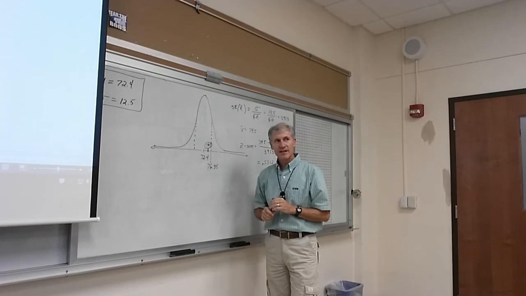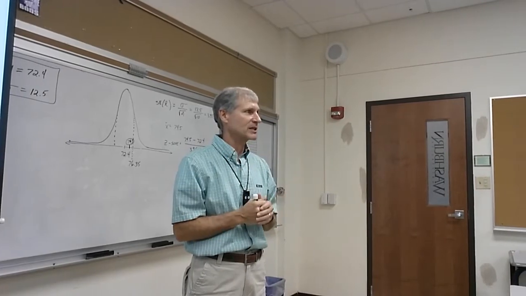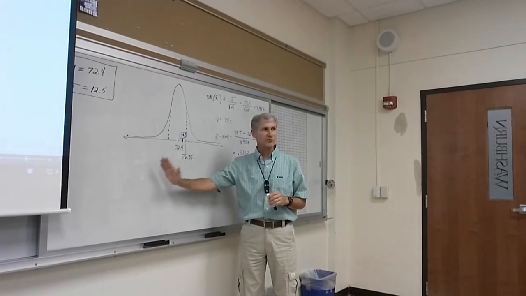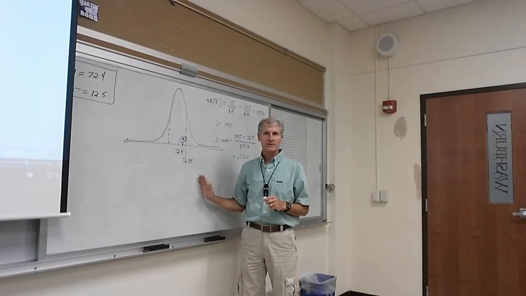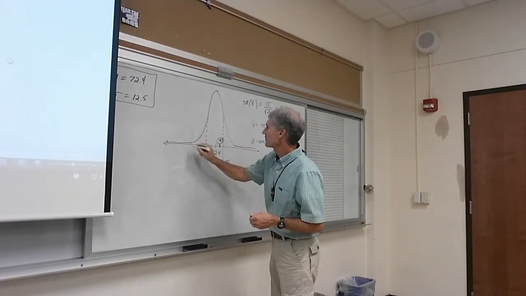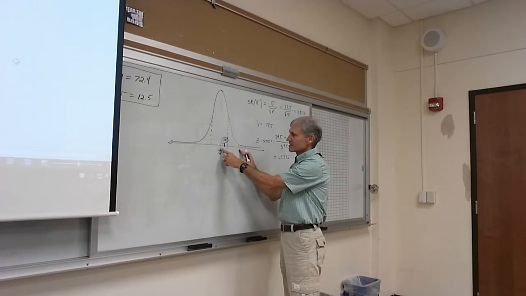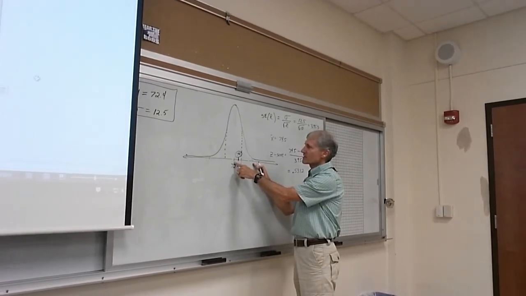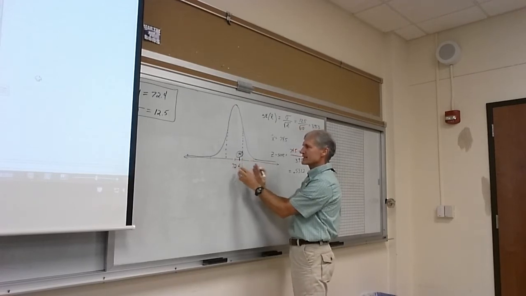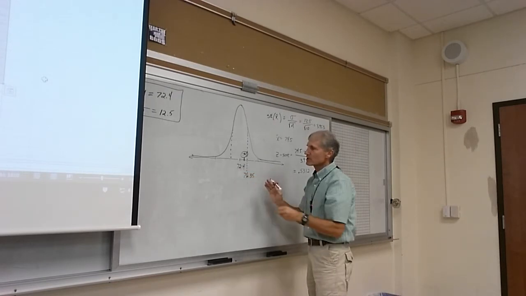If I wanted to be 95% confident that my interval contained the true population mean, think back to this picture. How far do we go to get 95% of all x bars? 2 standard errors, right? So if I go roughly 2 standard errors, I should have 95% of all the possible x bars. So then if I take that distance, 2 standard errors, and I add and subtract it to my x bar instead of to mu, it's still going to capture or contain this true population mean 95% of the time. Right? So let's do that.